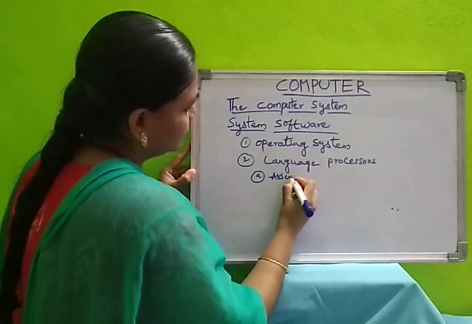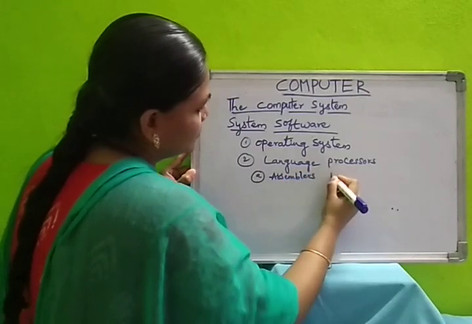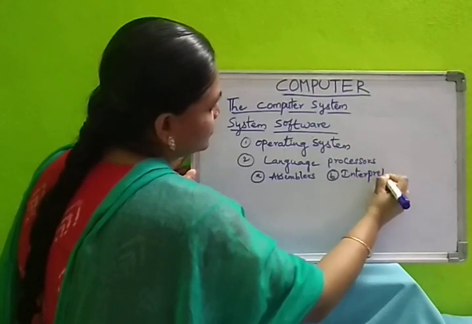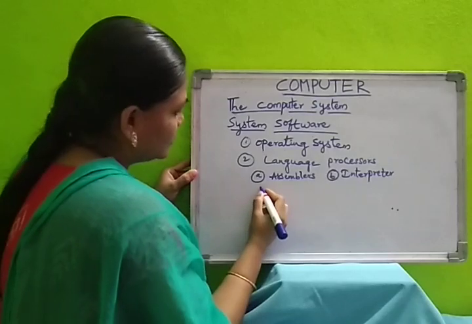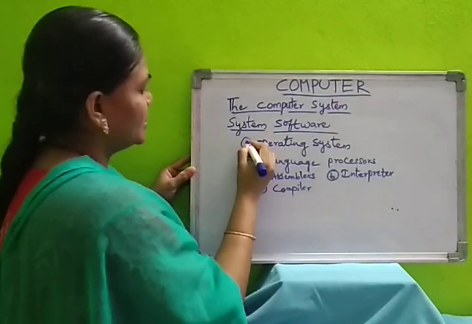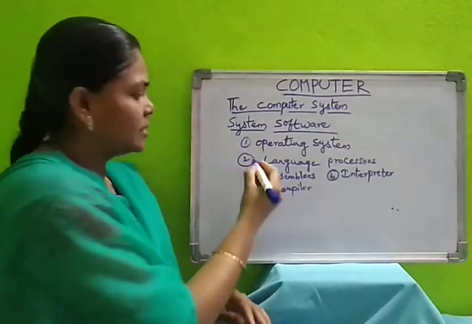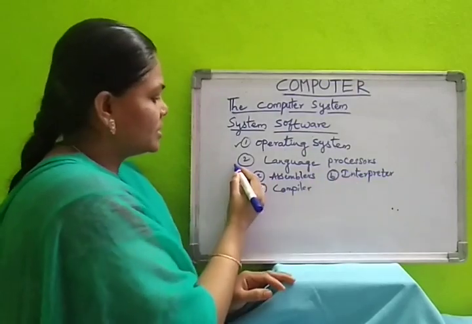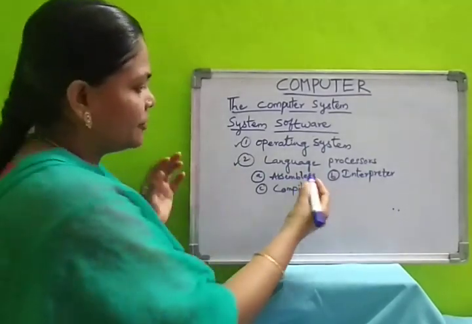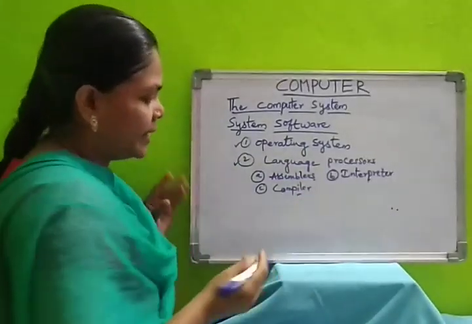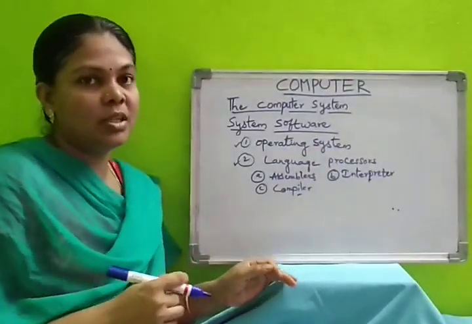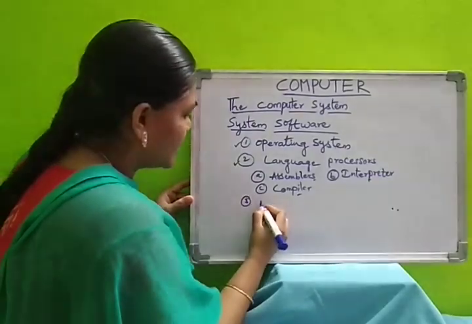Assemblers, next interpreter, and third one is compiler. Operating system is the interface between user and the computer. Language processors translate the language from English to machine language. At a time it can convert, or line by line, or directly into machine language.